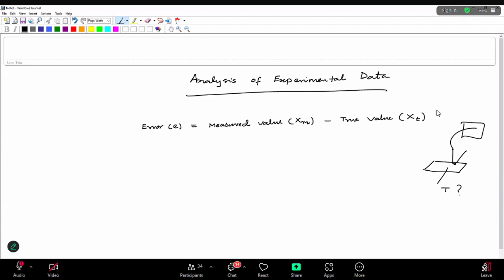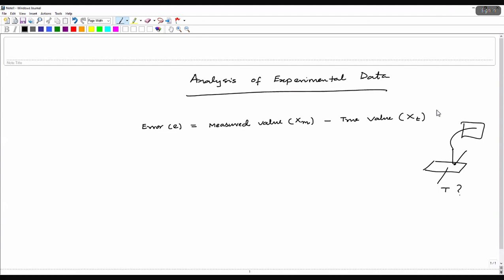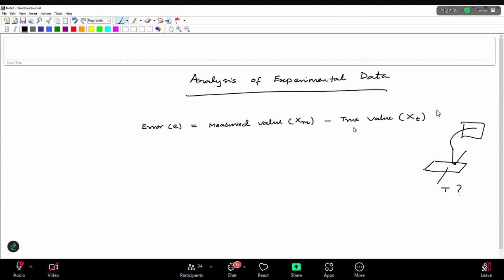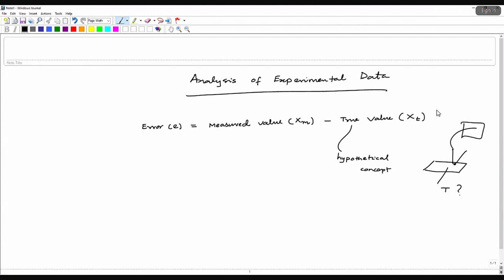If you knew the true value, there is no need of the measurement. So essentially, in most cases, the true value is a hypothetical concept because it is never known. And if it is known, then there is no need of any measurement.